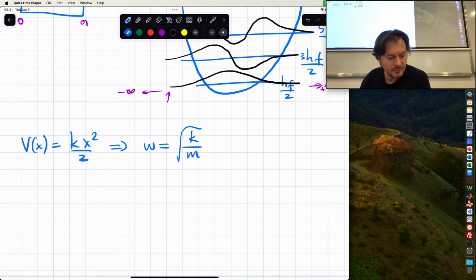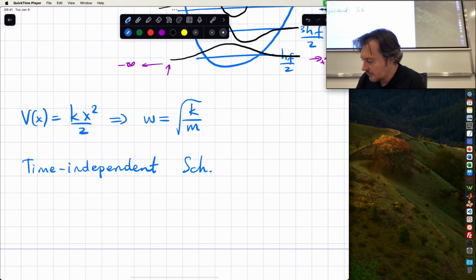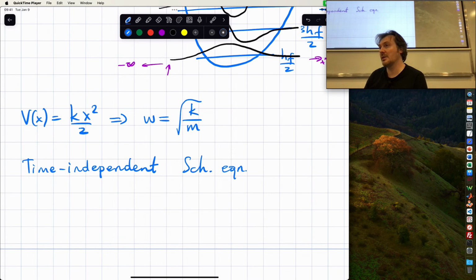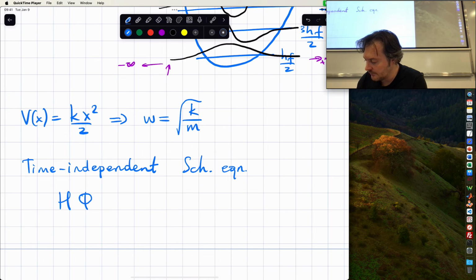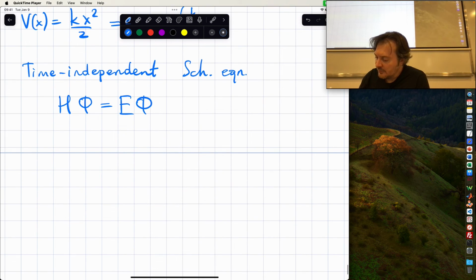You remember this from the classical mechanics part, right? And we are going to solve the time independent Schrödinger equation. So we are not bothering ourselves with the time dependent one anymore, because we know that we are going to find the energies from this, right? H phi equals E phi. So how does H look like?